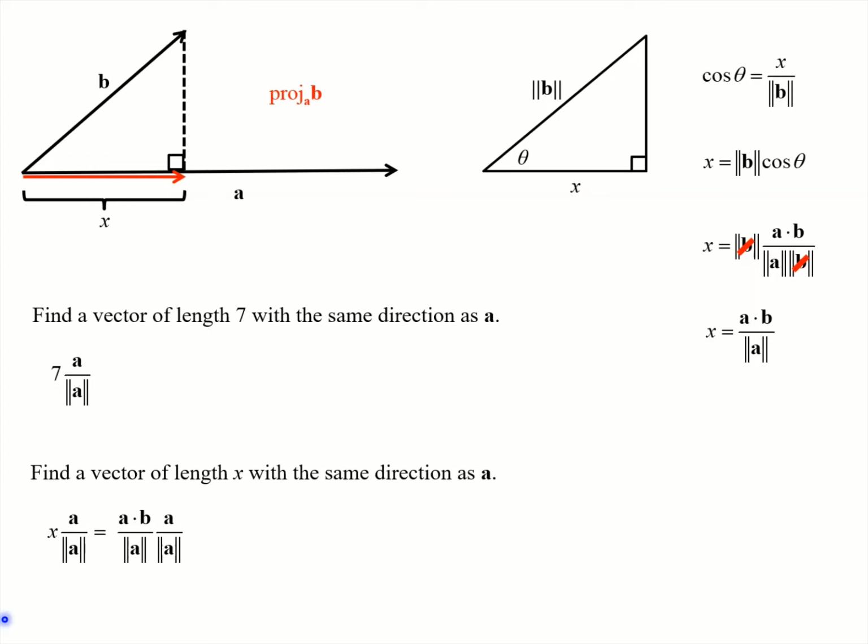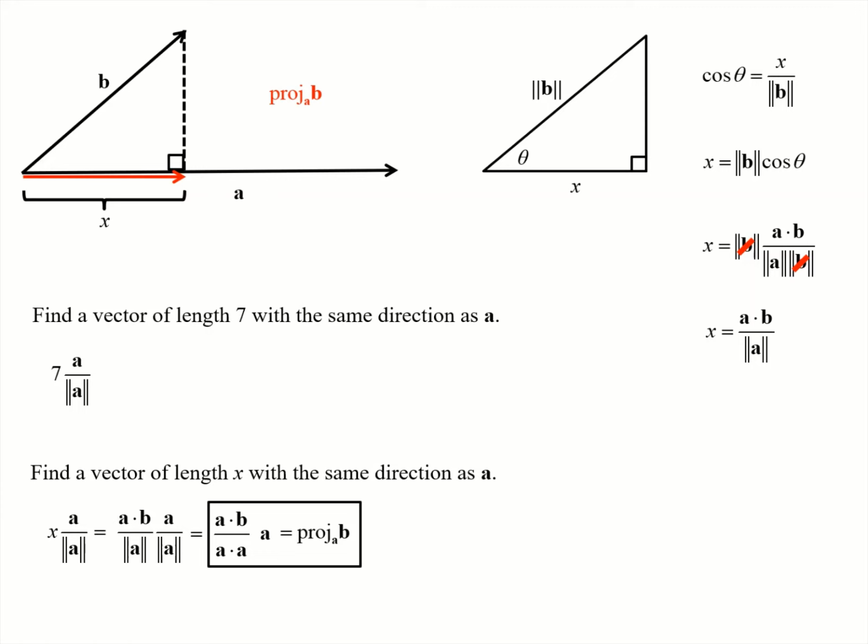And on the bottom I have length A times length A. Now remember, length A is square root of A dot A. So I have square root of A dot A times square root of A dot A, which is just going to give me A dot A. And so there is the formula for the projection of B onto A.